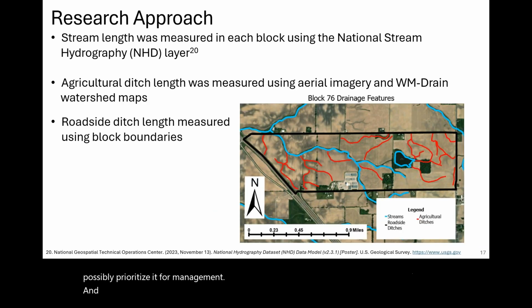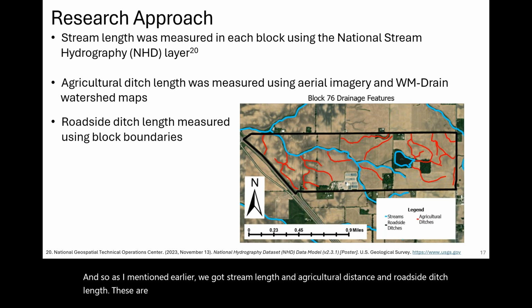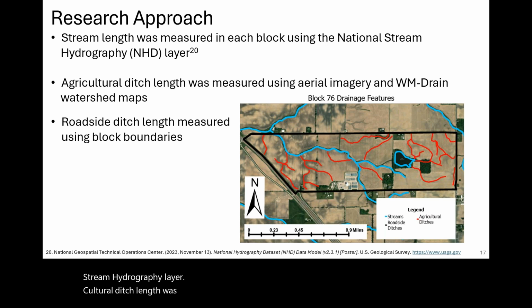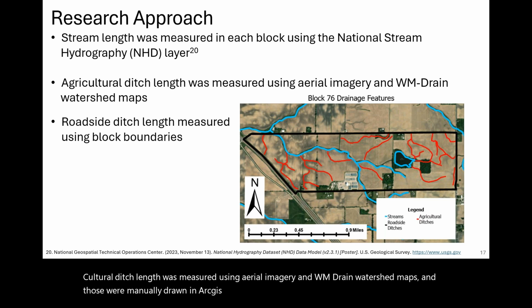And so, as I mentioned earlier, we got stream length and agricultural ditch length and roadside ditch length. These were all generated in ArcGIS Pro. We measured stream length using the National Stream Hydrography layer. Agricultural ditch length was measured using aerial imagery and WM drain watershed maps, and those were manually drawn in ArcGIS Pro, which was certainly a very involved process.